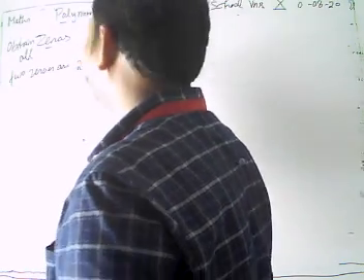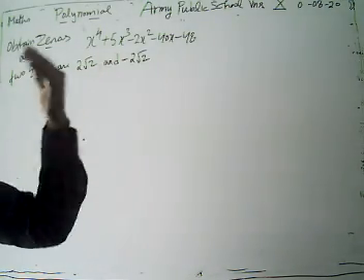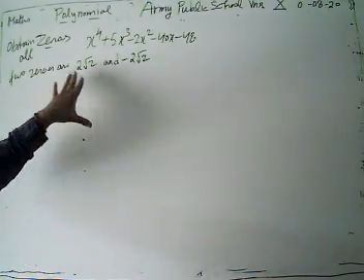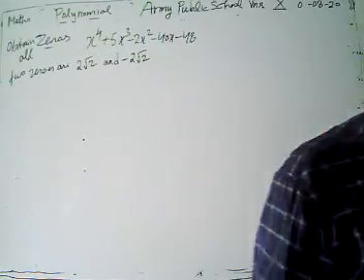The zeros are 2 root 2 and minus 2 root 2. Look, we have a biquadratic polynomial, and 2 zeros are given. Then we have to find the other 2 zeros.